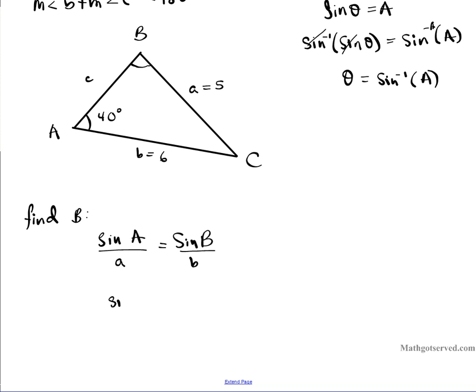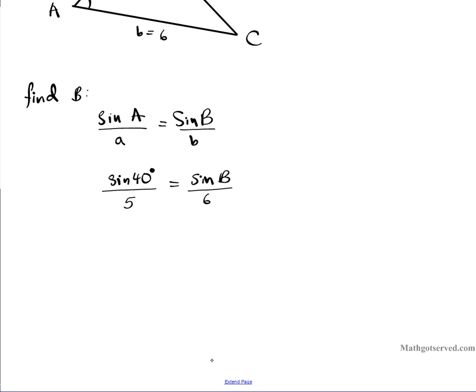So I'm going to have sine 40 degrees over little a, which is 5, equals sine B over little b, which is 6. Now, to get sine B by itself, I multiply both sides by, wait a minute, let's see.